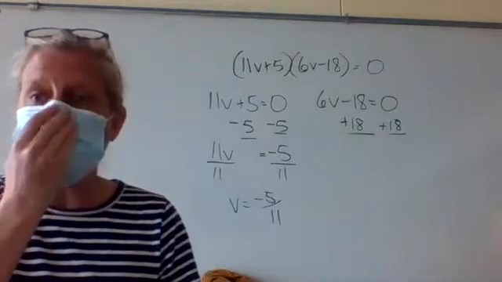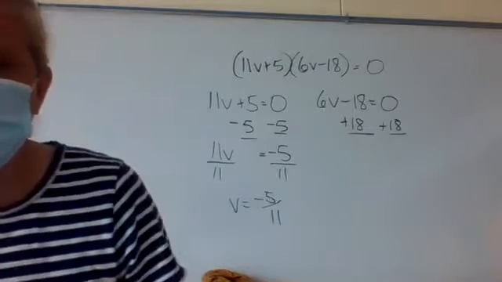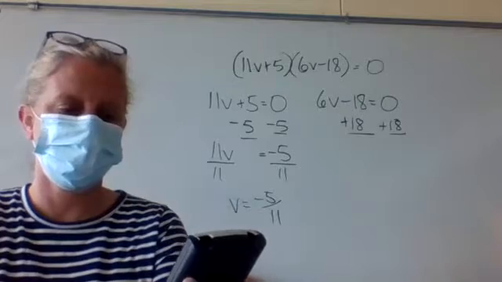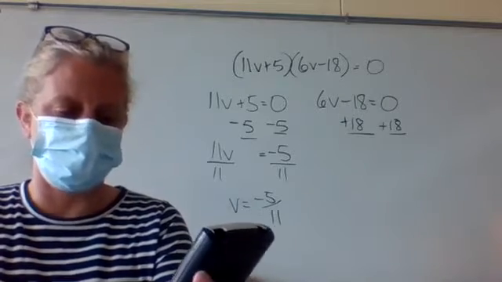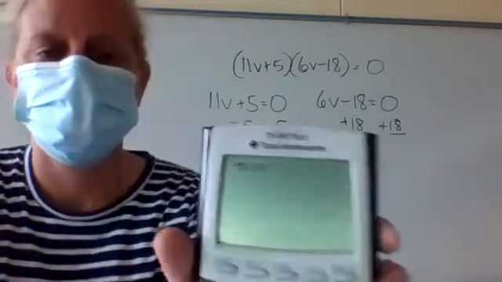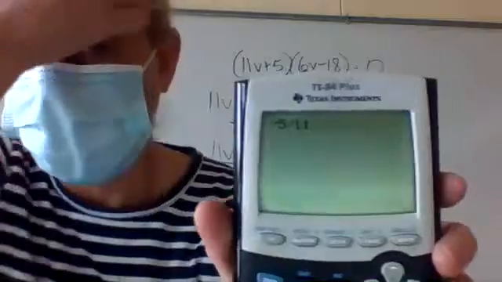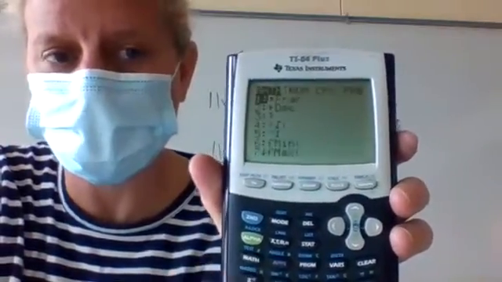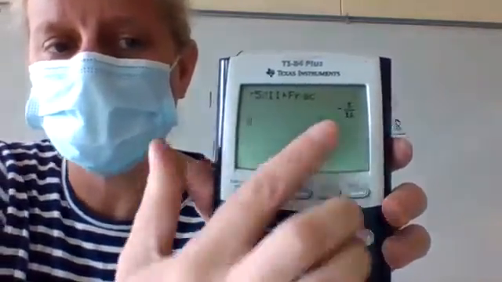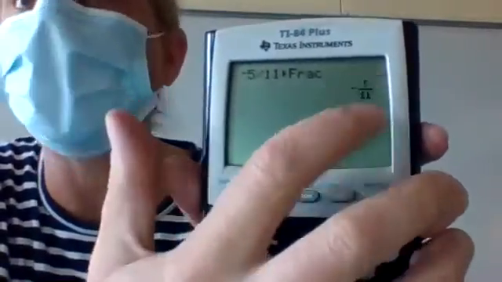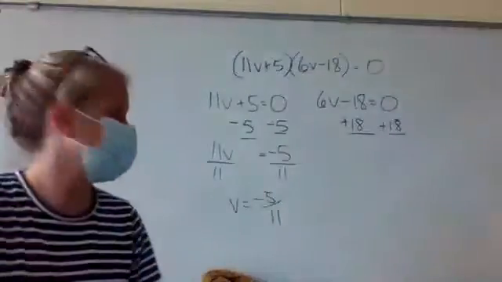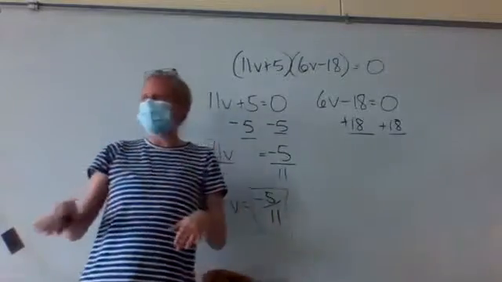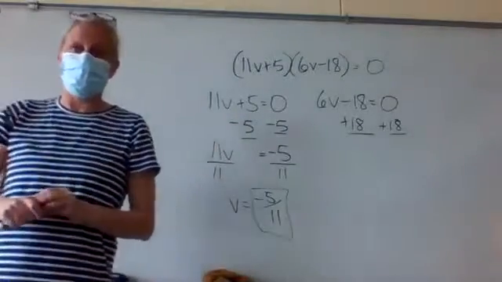It's just that if I do try to simplify that and I put it in my calculator, negative 5 over 11, and I math enter that to simplify that fraction. So if I hit math, enter, it still tells me negative 5 over 11, which just means this fraction doesn't simplify any more than it already is.